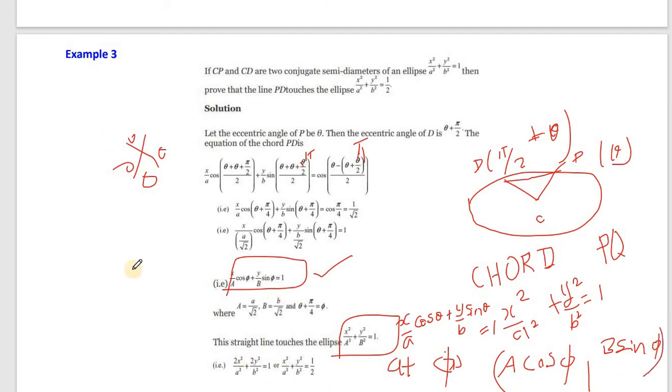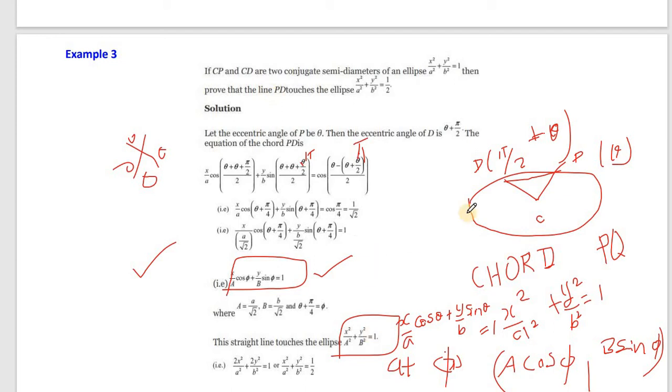So the technique varies here. Understand the technique, because in other cases there may be a polar and then some line, not only polar. So some line touches another curve. You can determine the line equation, and what it is tangent to will be given in the problem. But here in this problem, it is not given. You are asked to show that PD touches the ellipse.